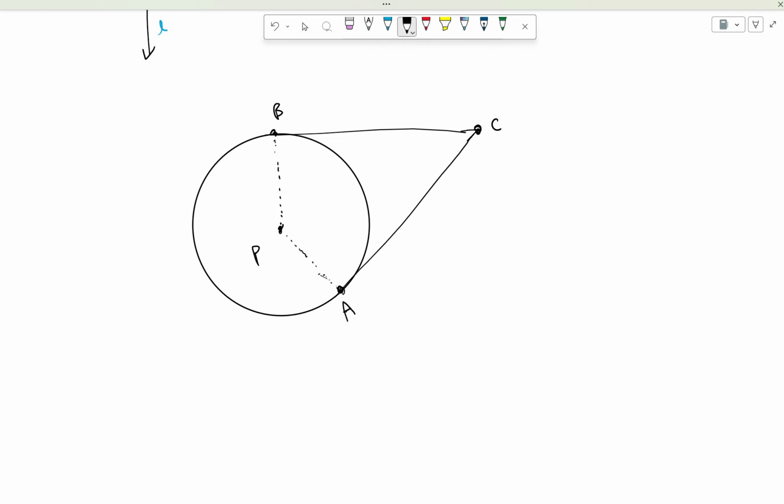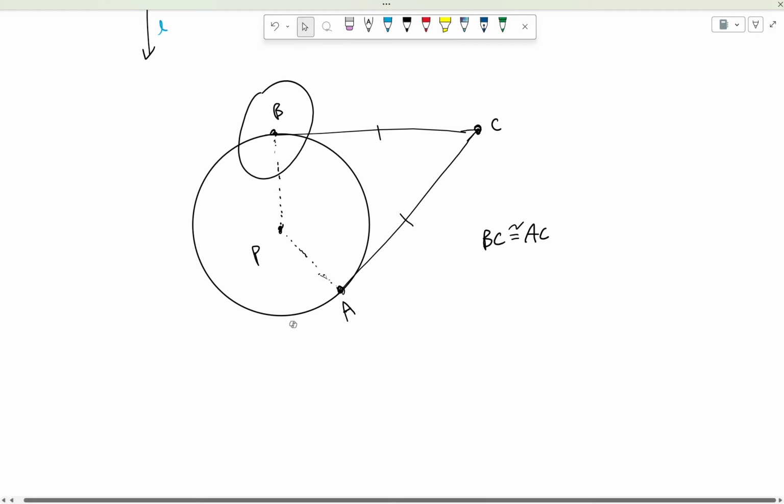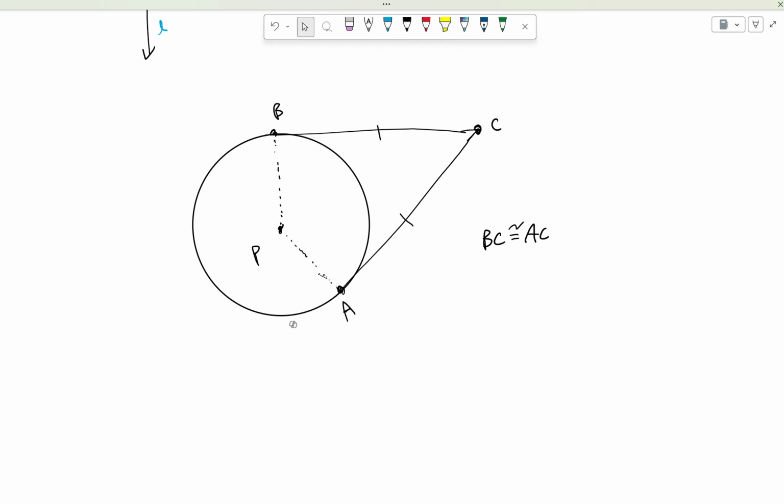So BC and AC are congruent segments. Any point outside of a circle has 2 tangent lines that will have congruent distances. So I've got 3 numerical examples for you guys.